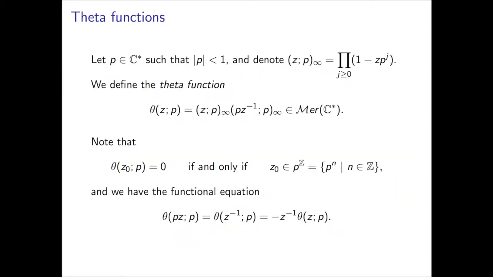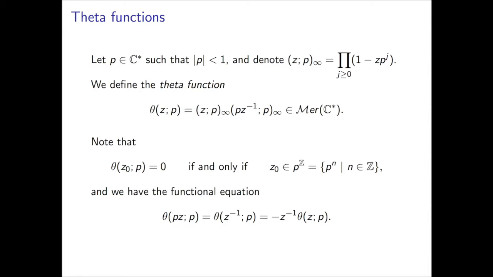So first, let me tell you a little bit about theta functions. These are going to underlie both how the elliptic hypergeometric functions are defined, and also how we were able to prove our result about those special functions.